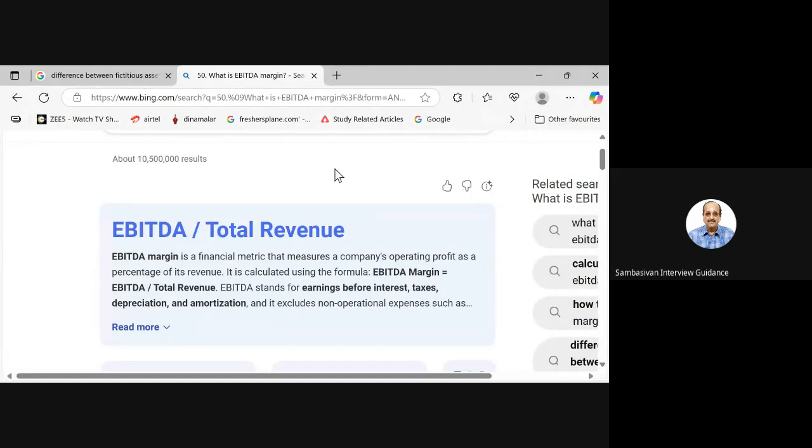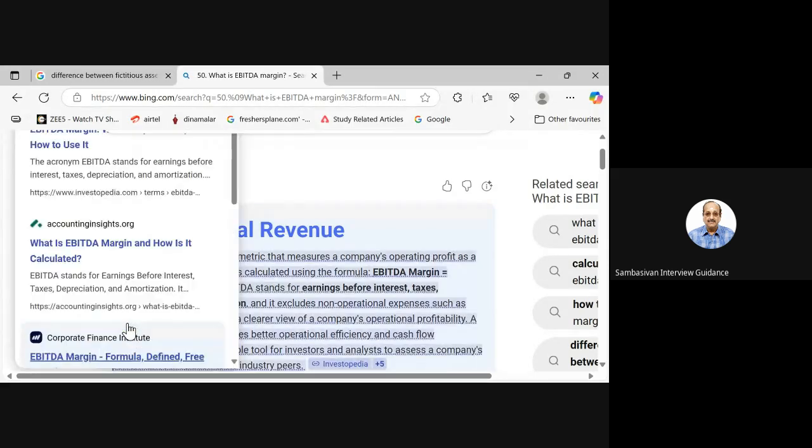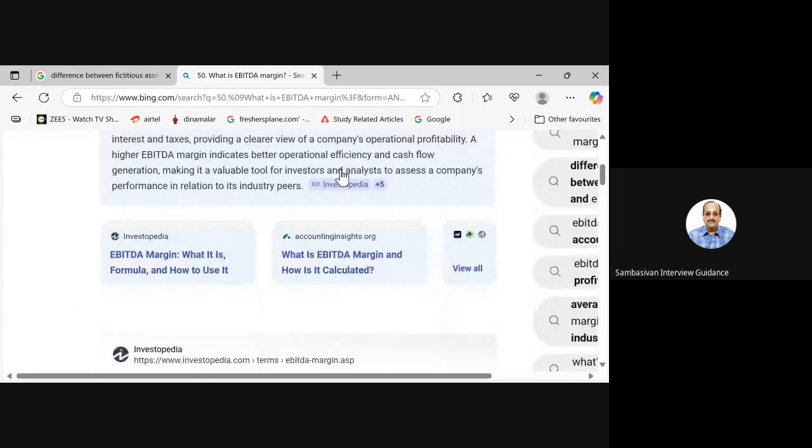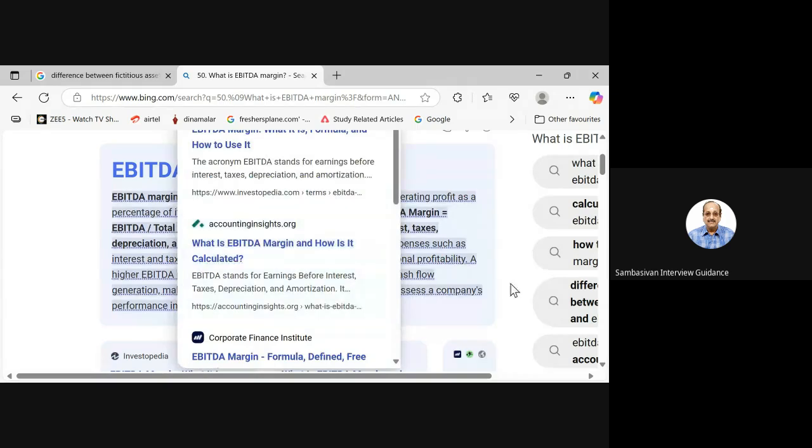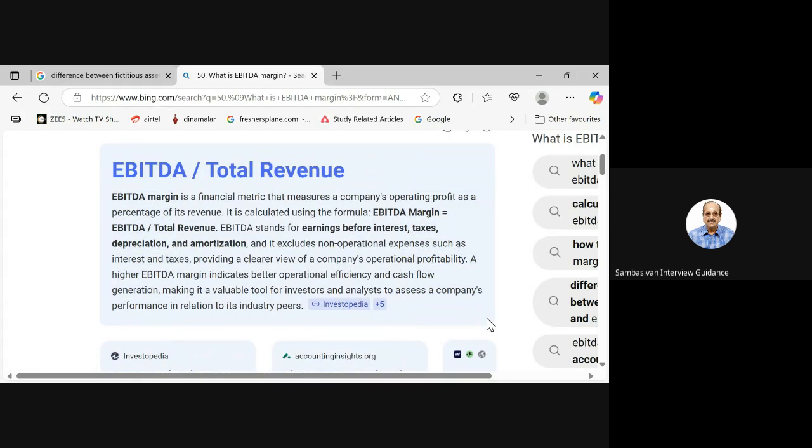EBITDA stands for earnings before interest, taxes, depreciation, and amortization, and it excludes non-operational expenses such as interest and taxes, providing a clearer view of a company's operational profitability.